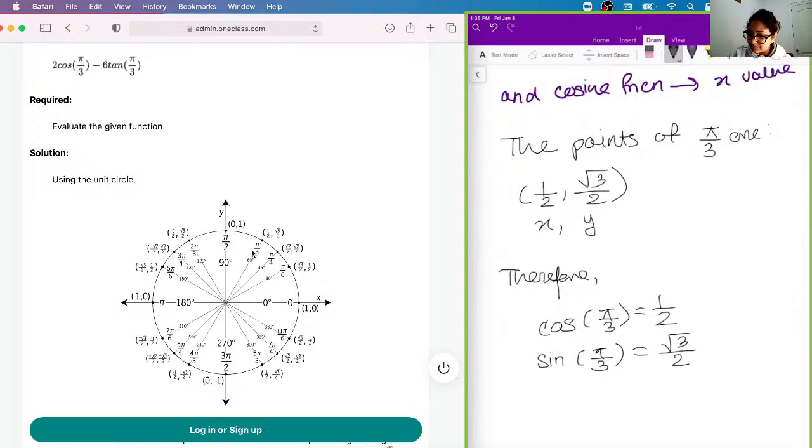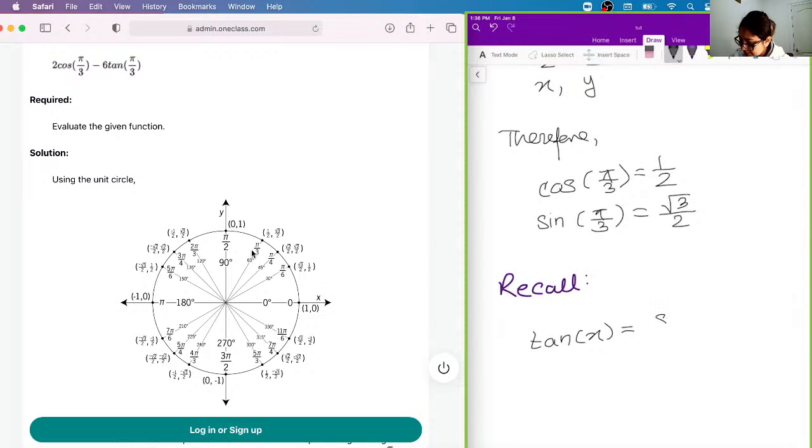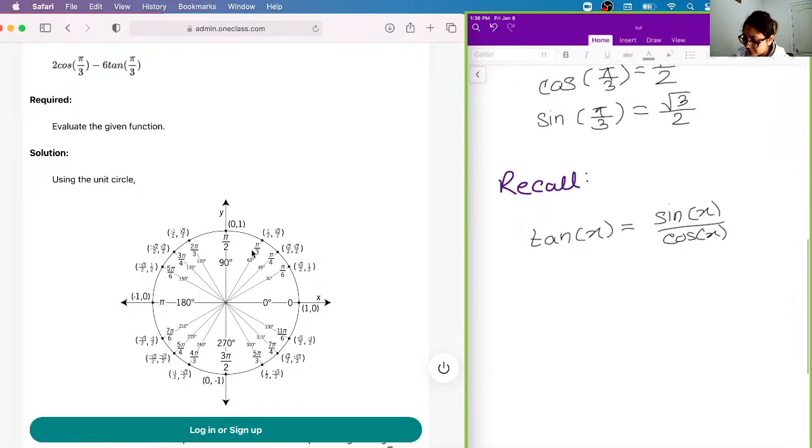So from our trigonometric identities, we can use the quotient identities, where if you guys recall that tan of x is equal to sine x over cos x. Okay, so this is your ratio. So for tan pi over 3, we can say tan.